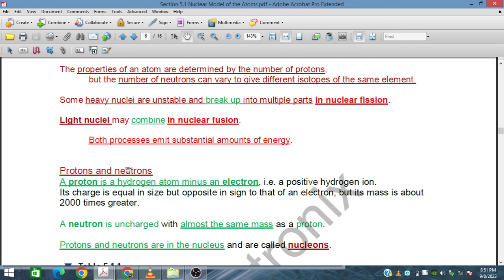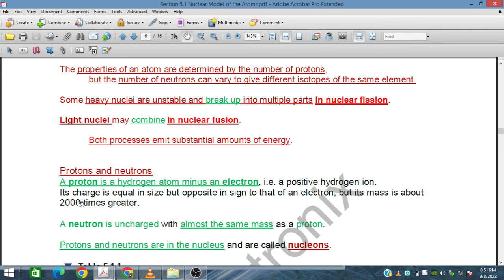So, proton and neutron. The proton is a hydrogen atom minus an electron. A hydrogen atom consists of a proton and an electron in its orbit. If the electron is taken away, then it becomes a positive hydrogen ion, and its charge is equal in size but opposite in sign.